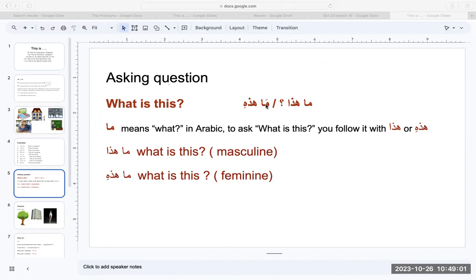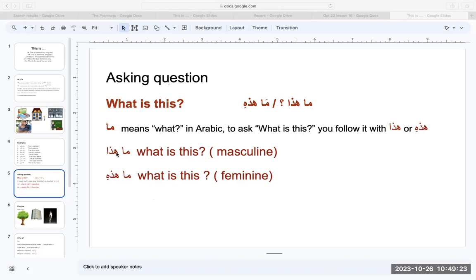And so all the time when you ask using هذا, what is this, you will use ما. Ma means what in Arabic. To ask what is this, you will follow with هذا. So you will say ما هذا or ما هذه. Okay?